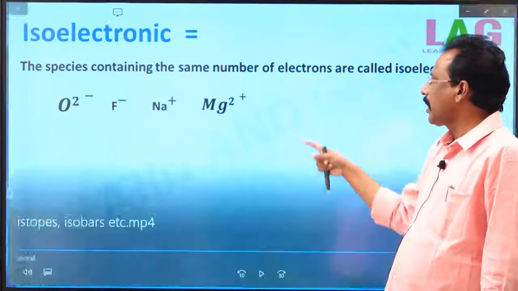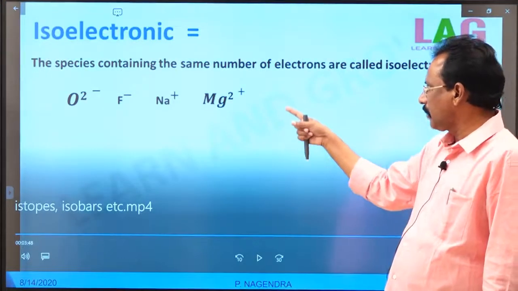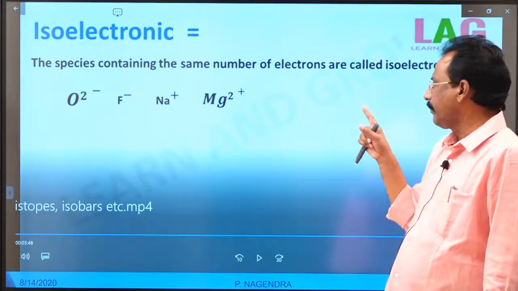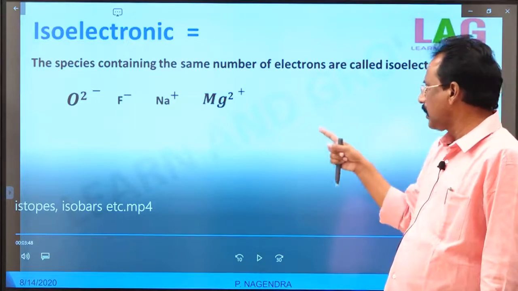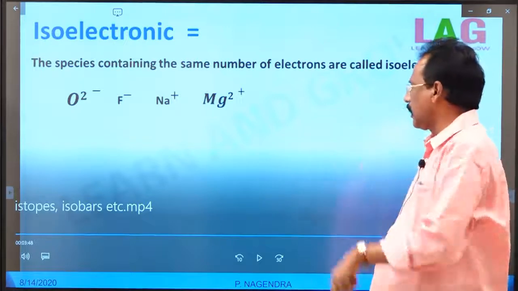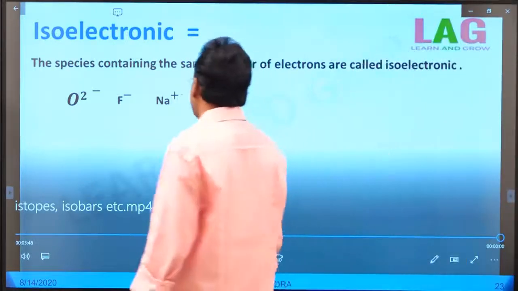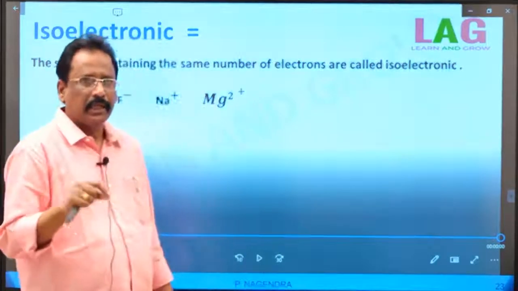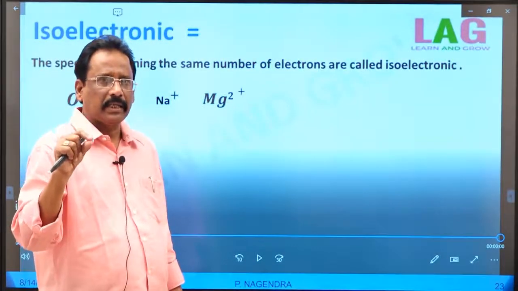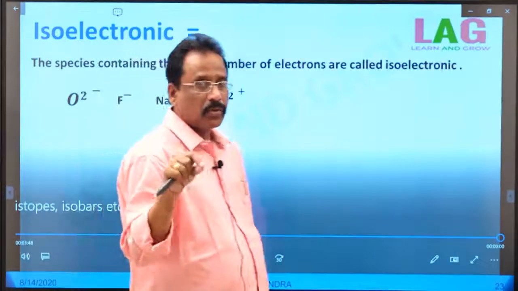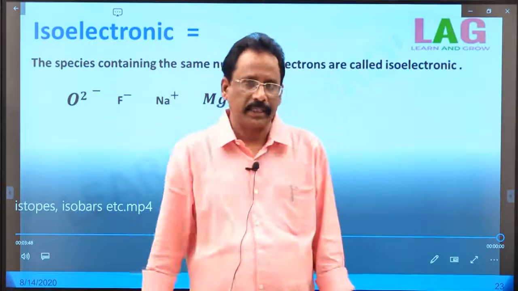In the fluoride ion, the total number of electrons is equal to 10. In the sodium ion, the total number of electrons is equal to 10. In the Mg+2 ion, the total number of electrons is also equal to 10. So in all these four ions the total number of electrons is the same. That's why they are said to be isoelectronic species.